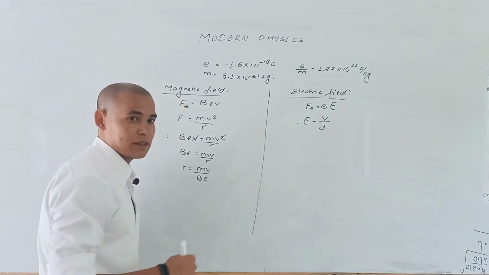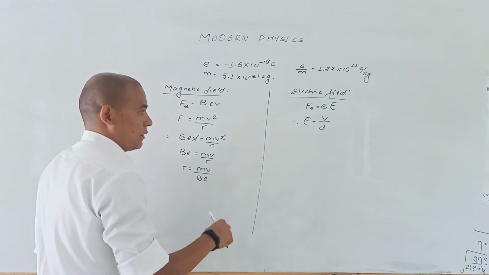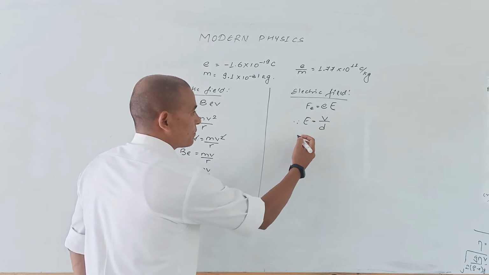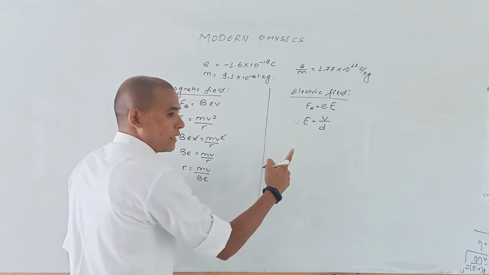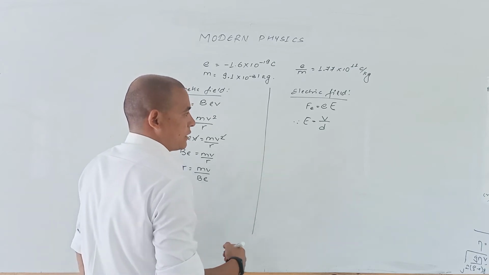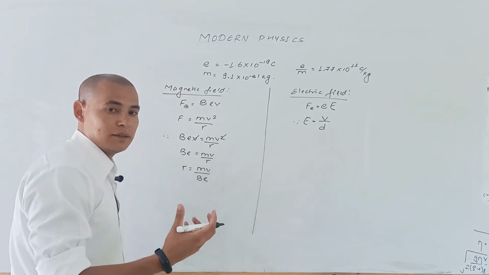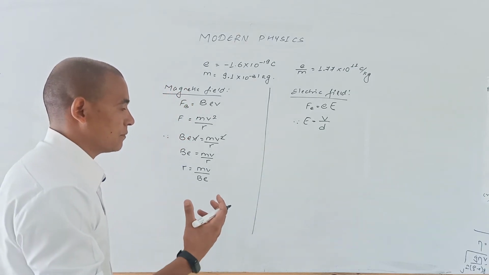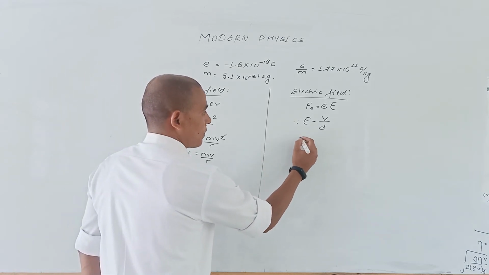I have already discussed this in the long question answer in the previous class. When the electron moves in a parabolic path, it experiences acceleration.